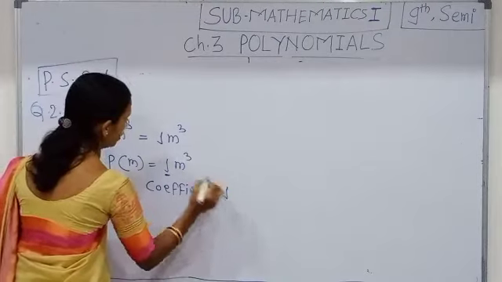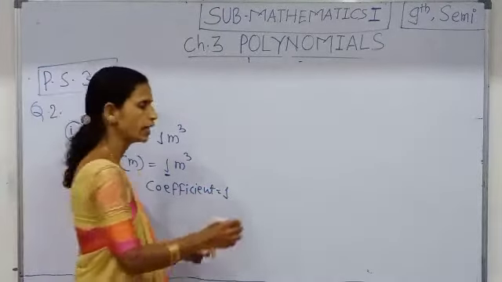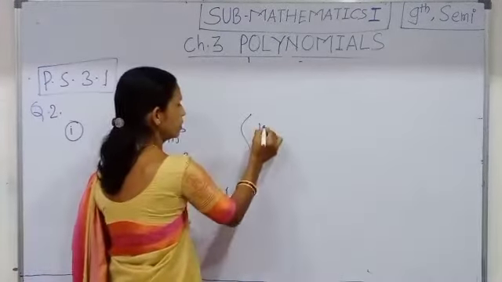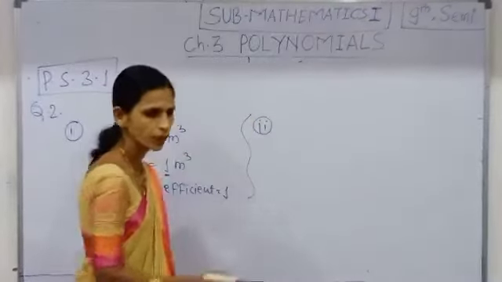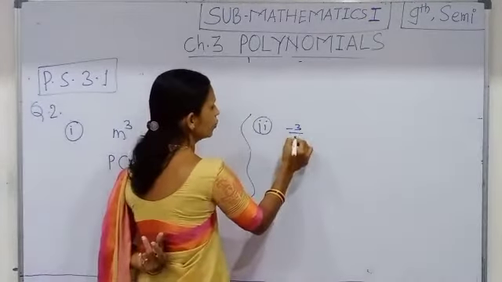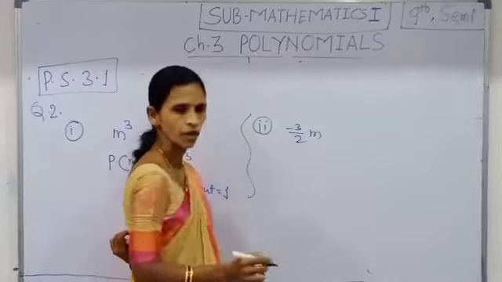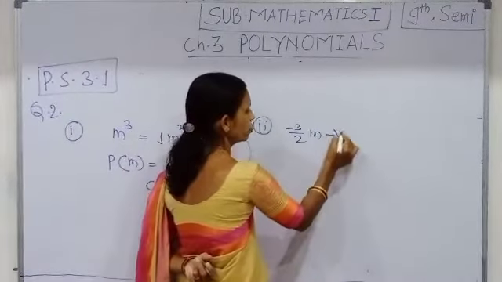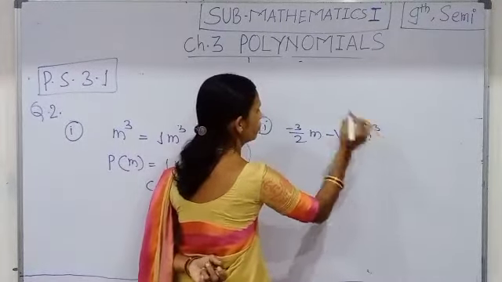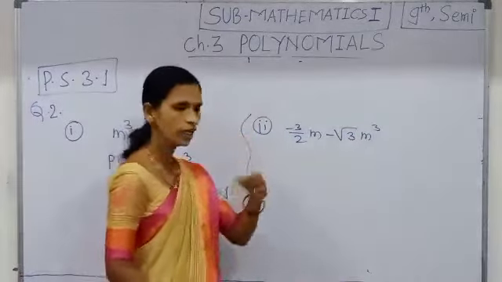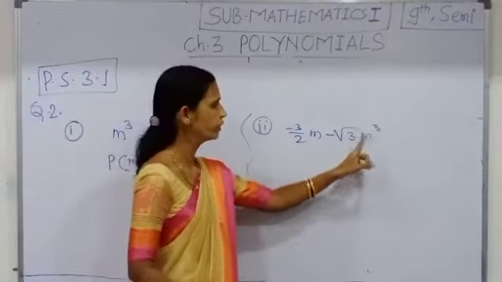As well as one more example is given here, that is, minus 3 upon 2 m minus root 3 m cube. See here, we only have to write the coefficient of m cube.